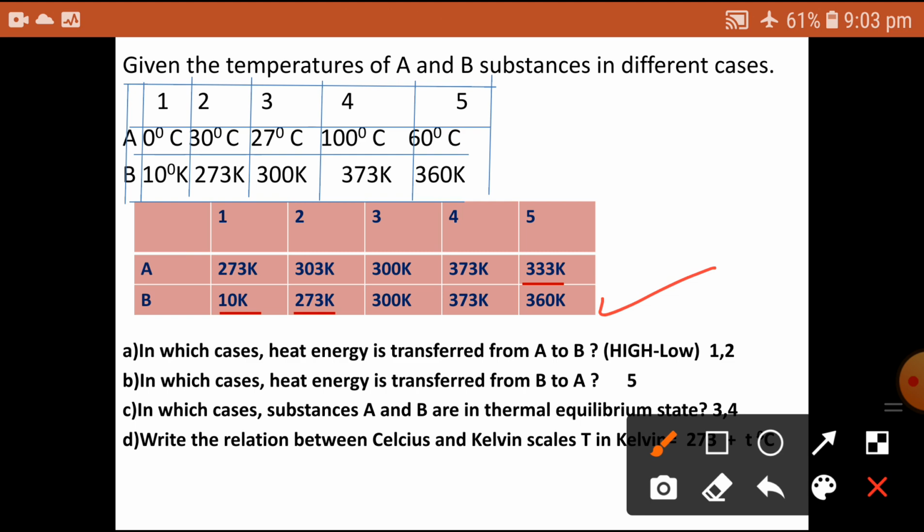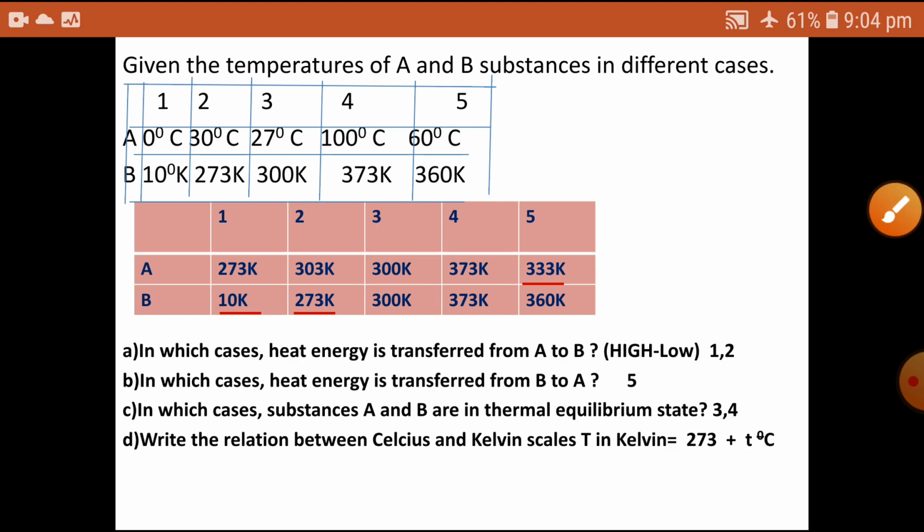In which cases substances A and B are in thermal equilibrium? So these two are at the same temperature. So 3, 4. And the fourth question, write the relation between Celsius and Kelvin scale. Already, temperature in Kelvin is equal to 273 plus temperature in degree centigrade, already we learnt.